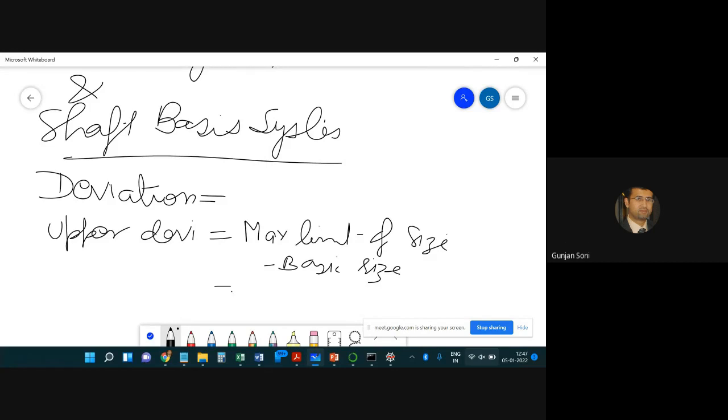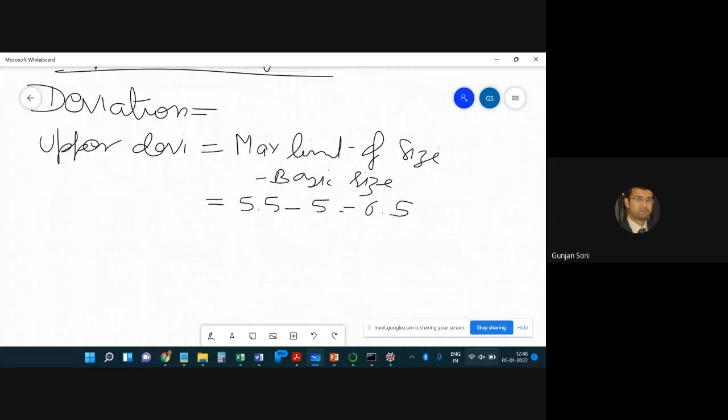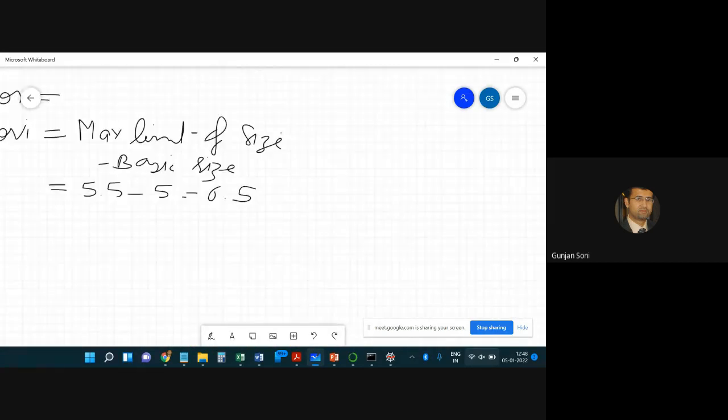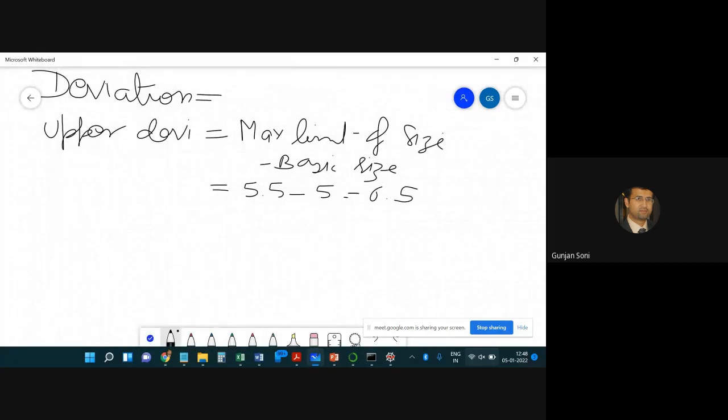Let's say the maximum limit is 5.5 and the basic size is 5. So 0.5 is the upper deviation. Similarly for a hole, if you're trying to make a hole of 5 centimeter but you end up making a hole of 5.5 centimeter, are you getting it?